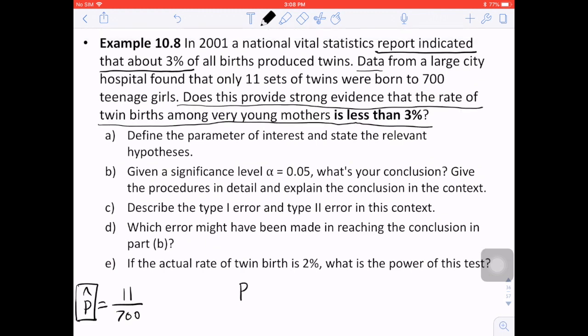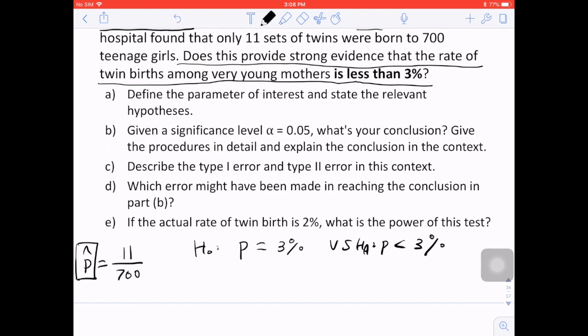The statement is that p is equal to 3%, and we'd like to figure out whether there is any strong evidence that the rate of twin births among very young mothers is less than this value, versus p is smaller than 3%. So I will set this one as my null hypothesis, and this one as my alternative hypothesis.